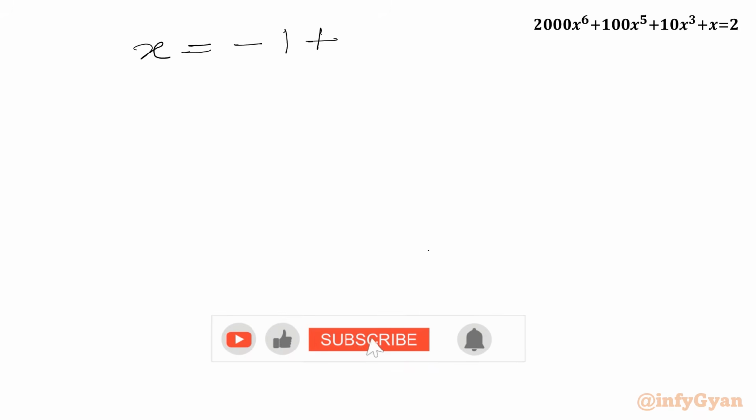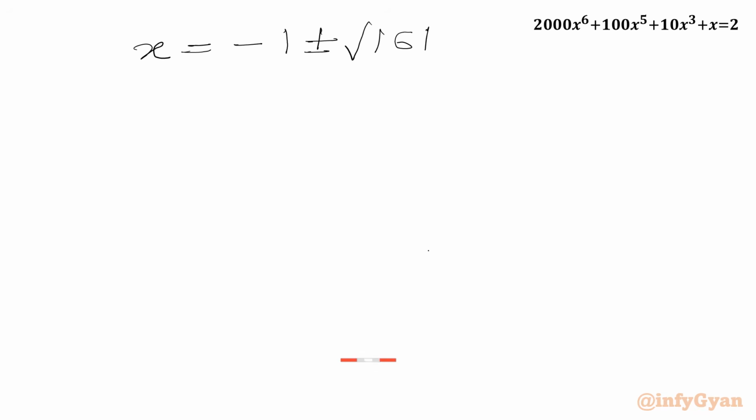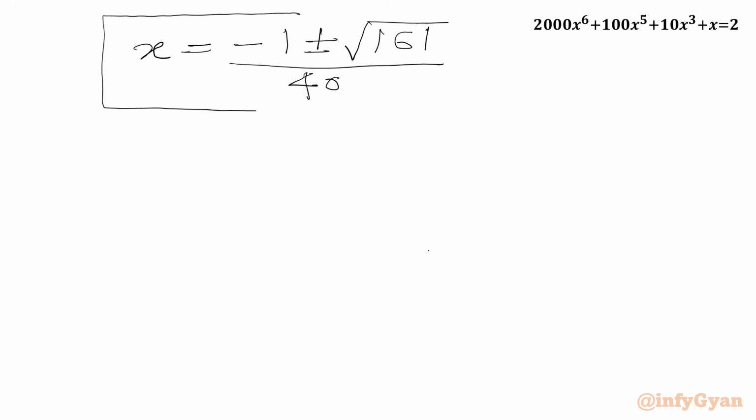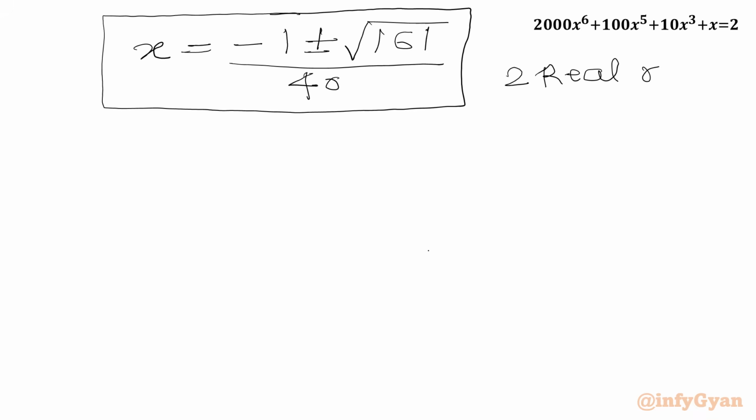So I will write x equal to (-1 ± √161)/40. So we have 4 complex roots and we have 2 real roots. Overall 6 roots are there because our equation was hexic.